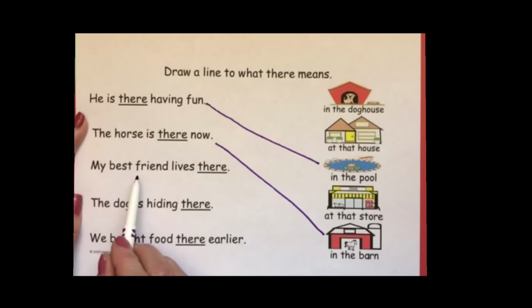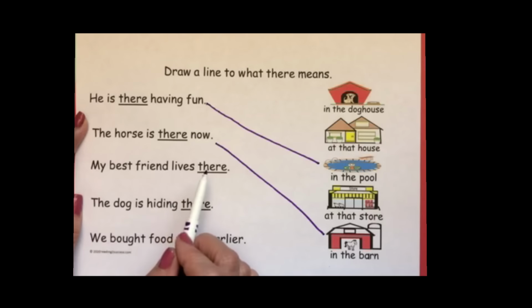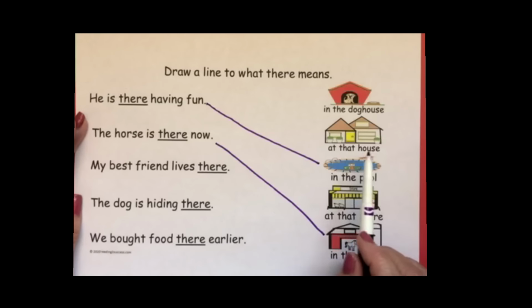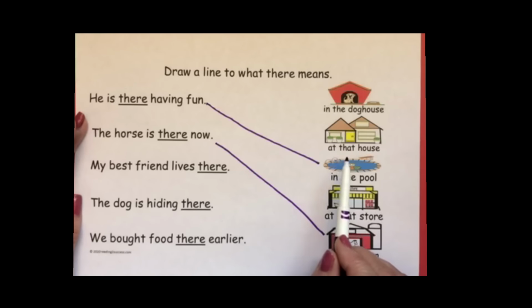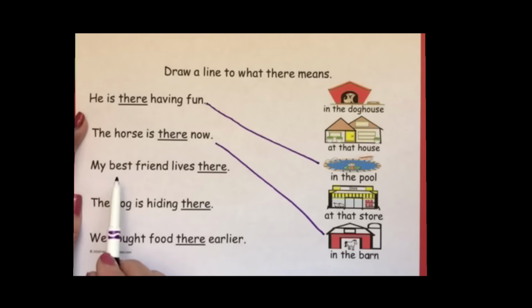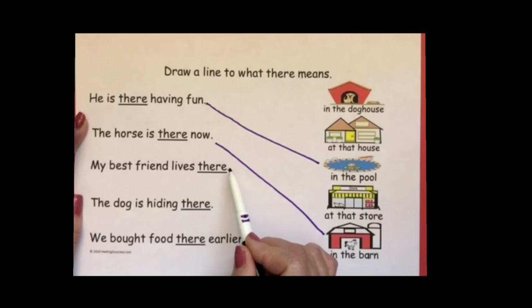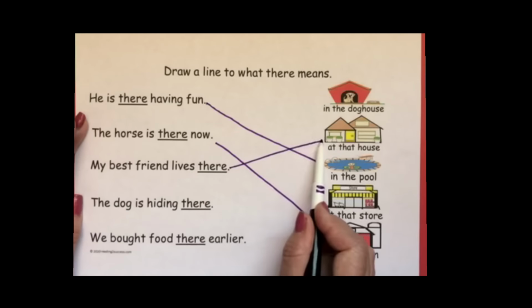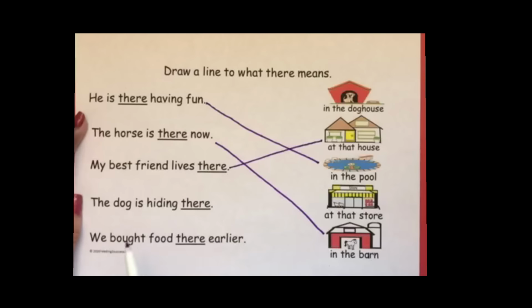My best friend lives there. This looks like a house, and it says at that house. My best friend lives at that house. There means at that house.